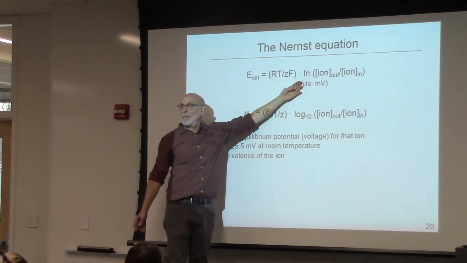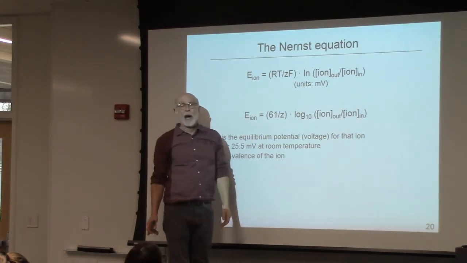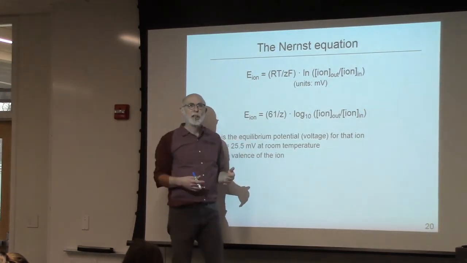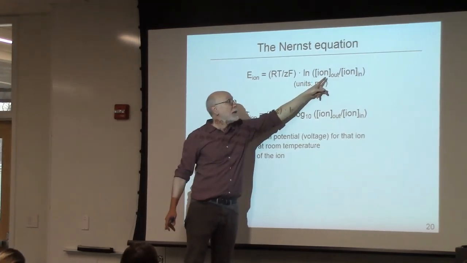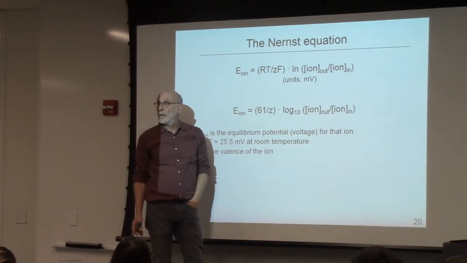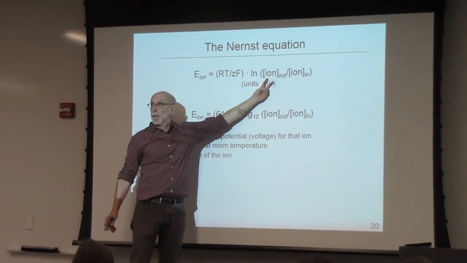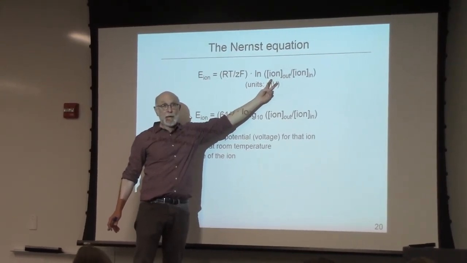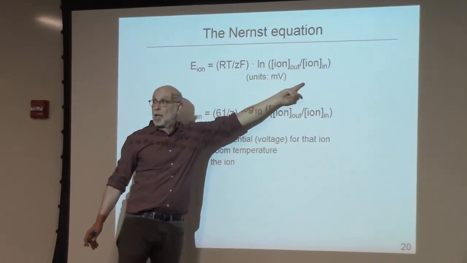That's where the logarithm came from, integrating delta C over C. And this is the concentration of the ion. And now we're going to try to use cellular jargon. The ion concentration on the outside, divided by the ion concentration on the inside of the cell. This is delta C, that's what that came from. That's the concentration gradient, on the outside, on the inside.